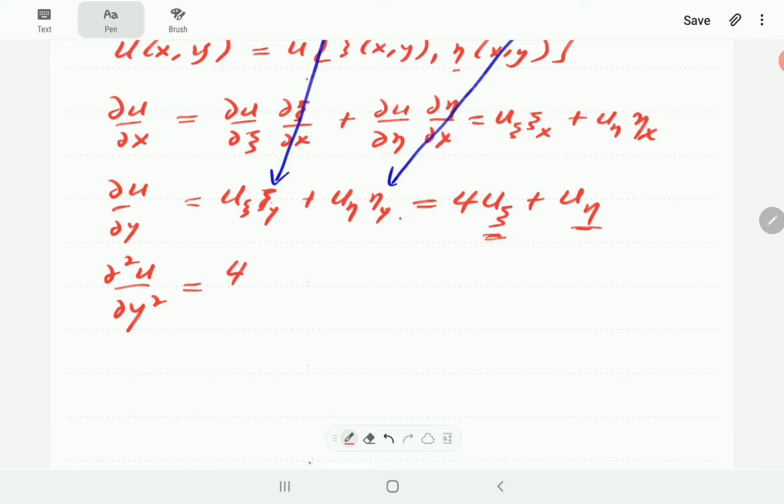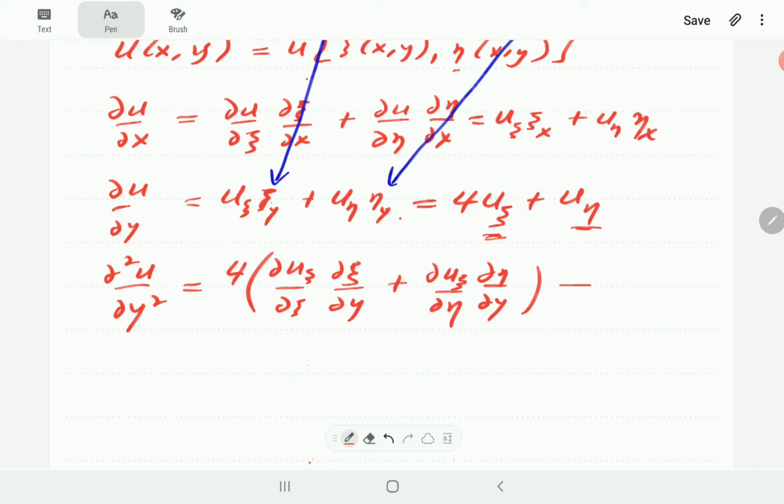We're now going to have 4 times partial u xi, partial xi, xi partial y, brackets here, partial u xi, and then eta y. So that's just from this term here.